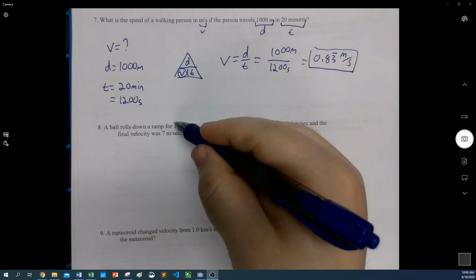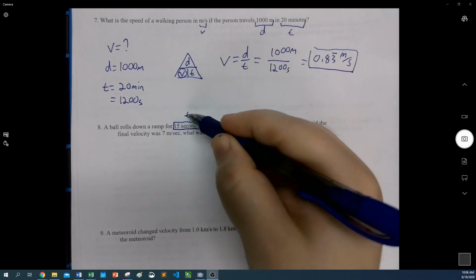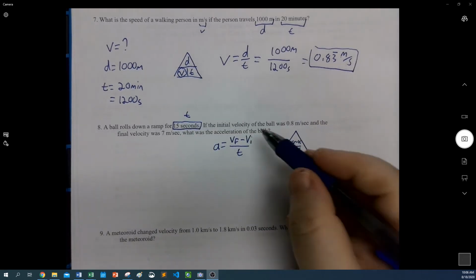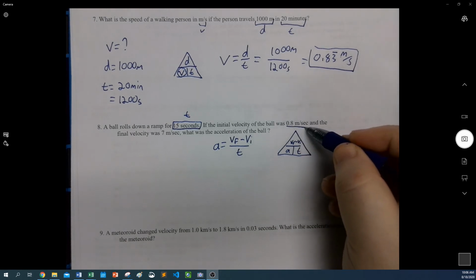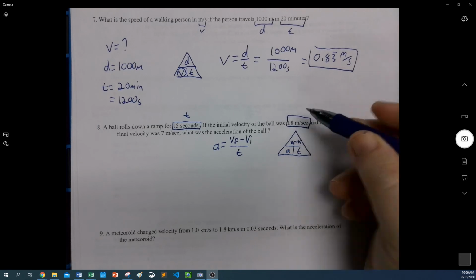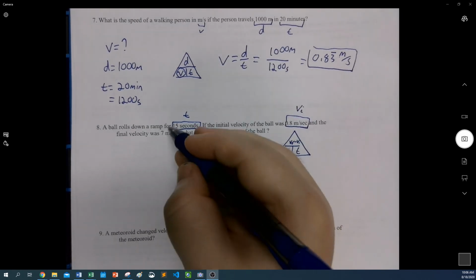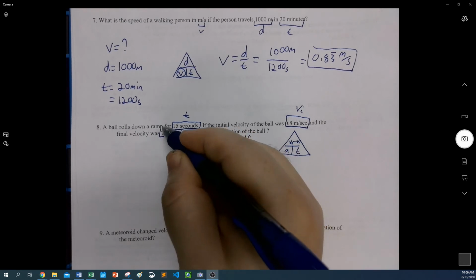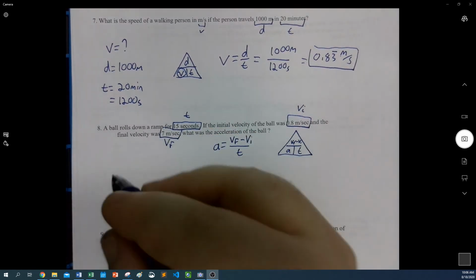So we identify the variables. 15 seconds is going to be T. This will be our initial velocity, which is VI. Final velocity, VF, and we're solving for acceleration.